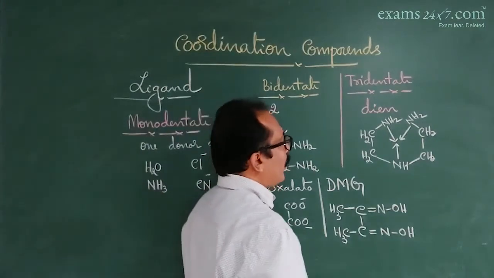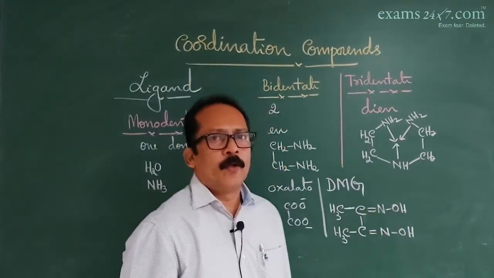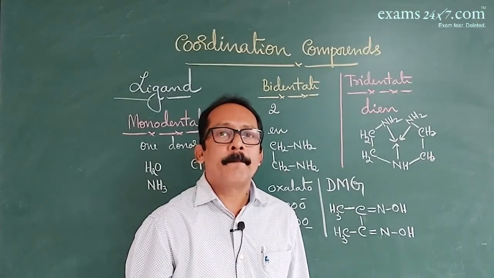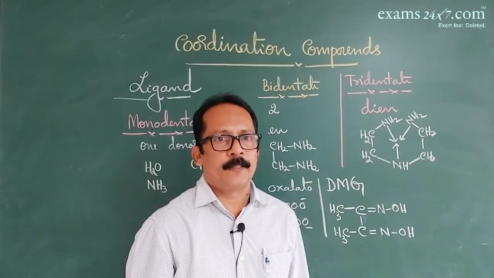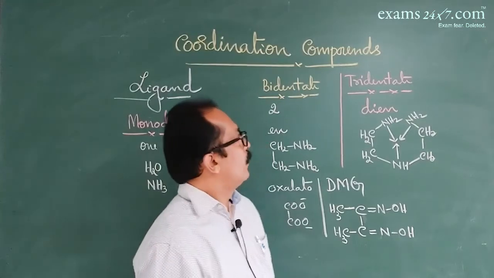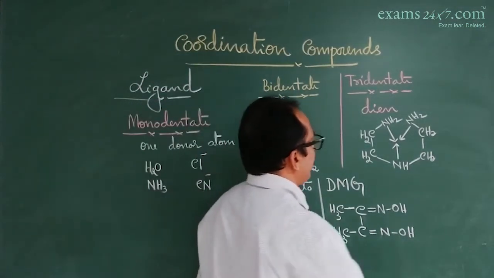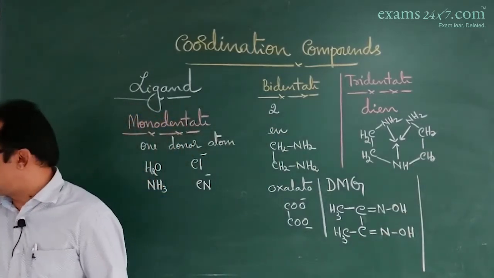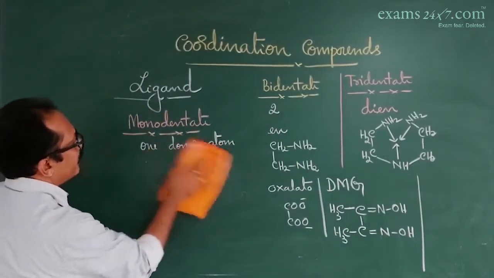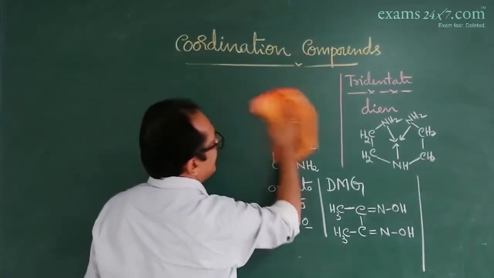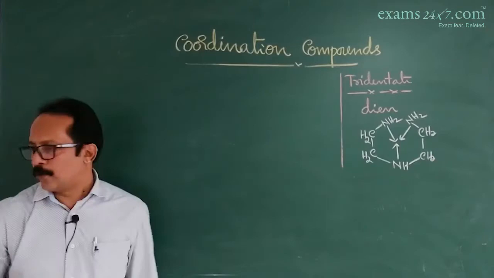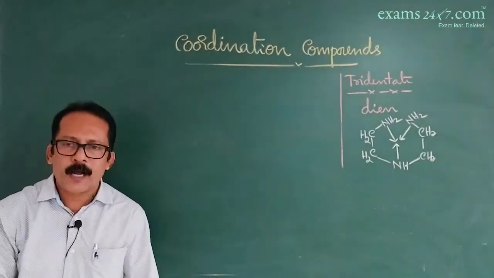Similarly, we can go for one more example, terpyridine, also called terpy. Next one about the tetradentate ligand. In tetradentate ligand, there are 4 ligating atoms. Denticity is 4. Donor atoms are 4.